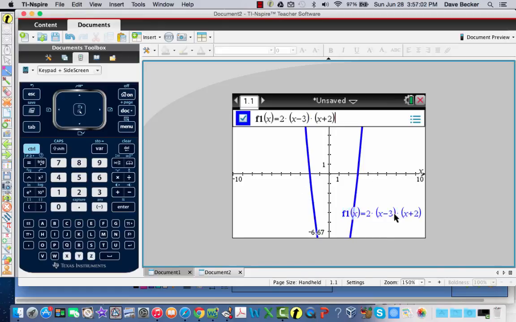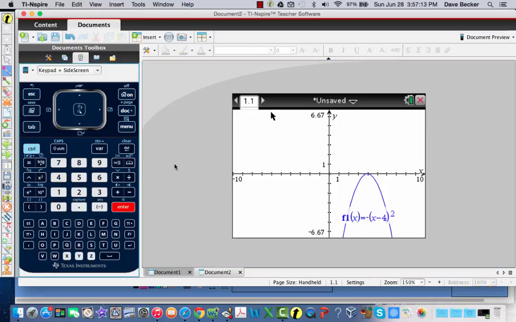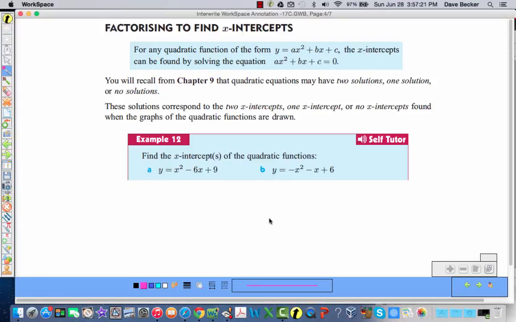And then this next one was negative (x minus 4) quantity squared, and it touches the x-axis at x equals 4, just like we had predicted. Onward.